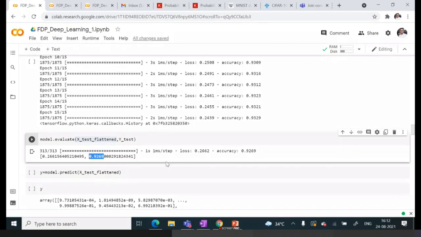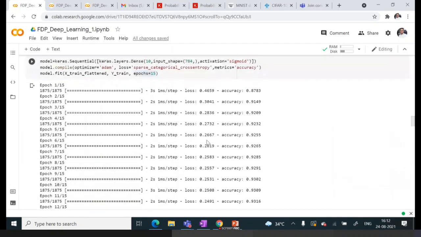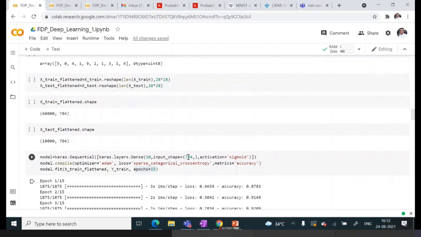92.6%, which is fine. But this is with respect to the simplest possible neural network where there are no in-between layers. There are two layers only, as you can see. The first layer will contain your input neurons, right? The neurons which are going to take 784 different pixels, and your last output layer contains 10 different neurons.